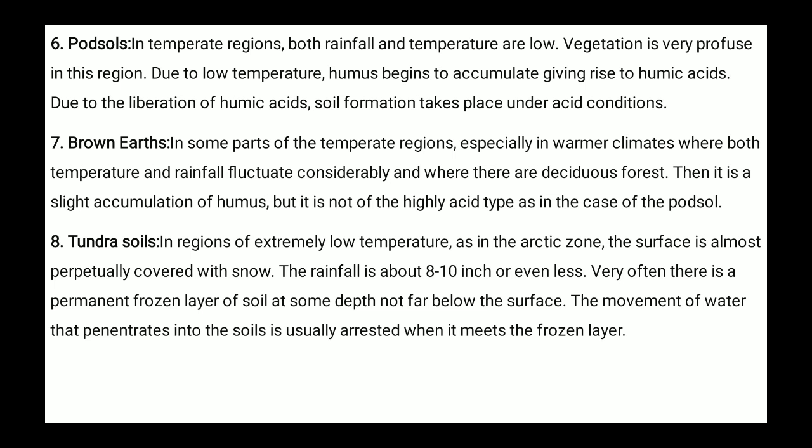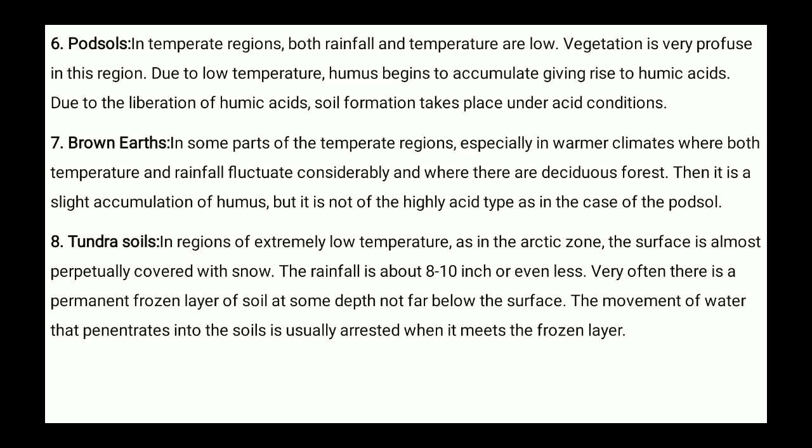Then lastly, the last type of this zonal soil is tundra soil. Firstly, we should know where the tundra region of the world is. This is a region of extremely low temperature, the northern part of the United States, where very low temperature has been recorded. In this region, as in the Arctic zone, the surface is almost perpetually covered with snow.